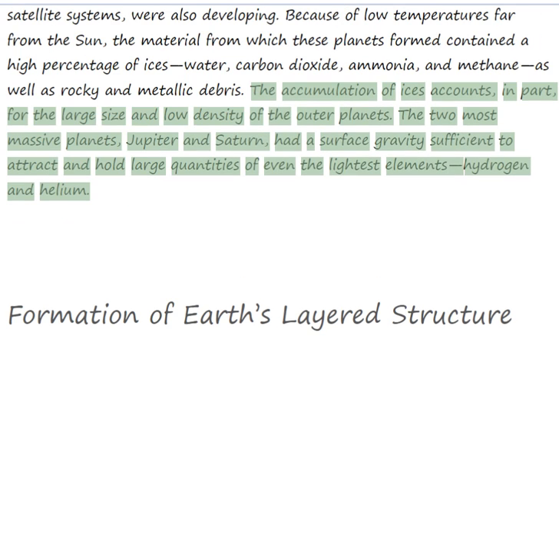The accumulation of ices accounts, in part, for the large size and low density of the outer planets. The two most massive planets, Jupiter and Saturn, had a surface gravity sufficient to attract and hold large quantities of even the lightest elements, hydrogen and helium.